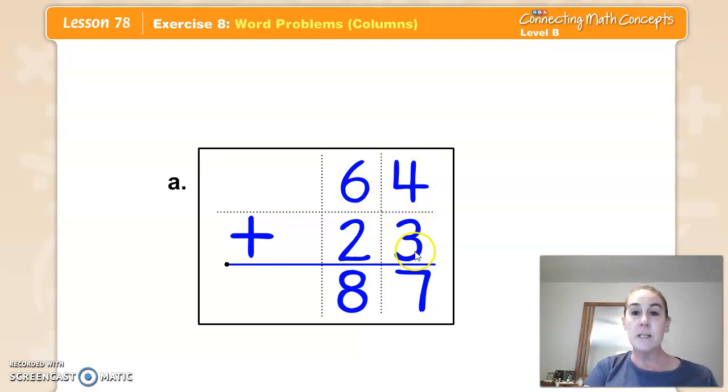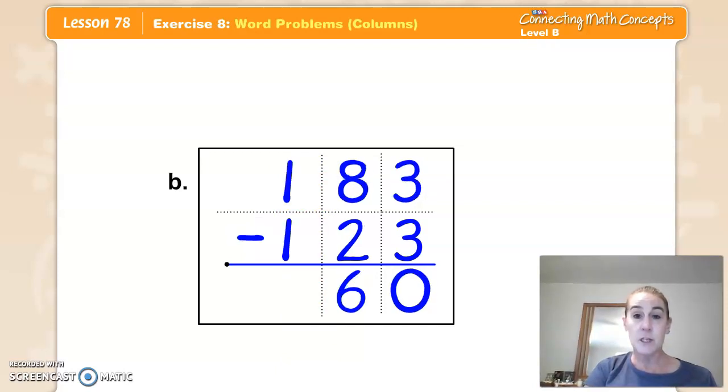They're lined up nice and neatly so you can easily see that the ones column is 4 plus 3, and the tens column is 6 plus 2. And I want the kids to be writing that plus way out on the side, because sometimes we're going to have numbers in this hundreds column. So that's an example of something that you're going to see on your worksheet.